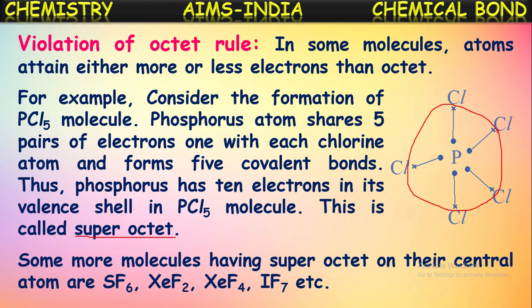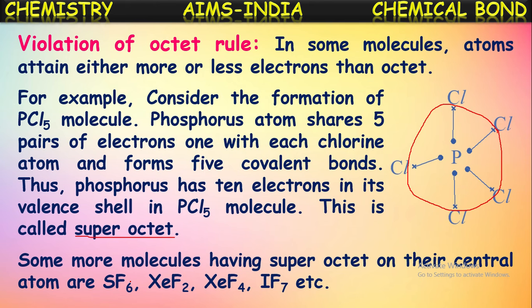Here some more examples of molecules having superoctet on the central atom are mentioned. If you see SF6, in SF6 the sulfur atom has 6 valence electrons because its atomic number is 16. The configuration is written 2, 8, 6, so in the last shell it has 6 electrons. After bond formation with the 6 fluorine atoms, it shares 6 pairs of electrons, one with each fluorine atom.